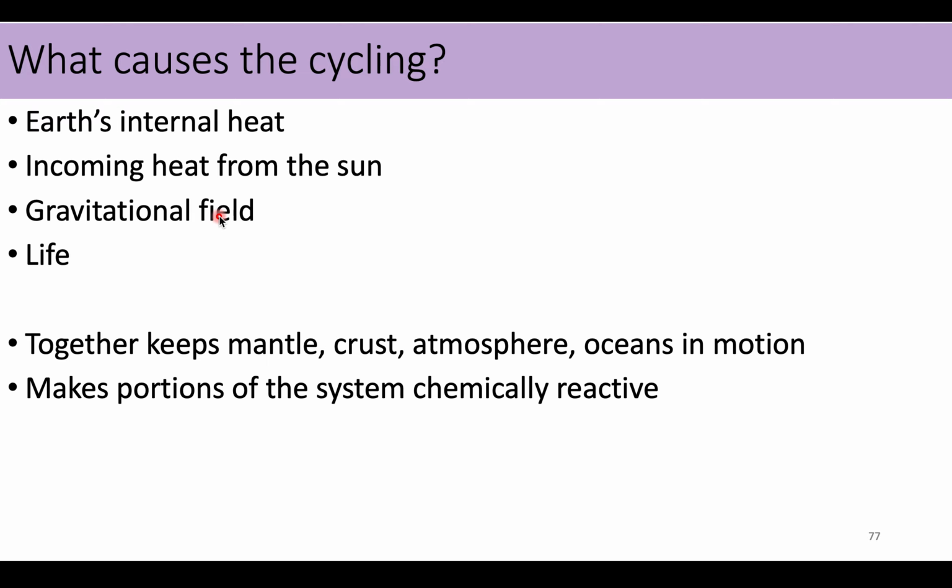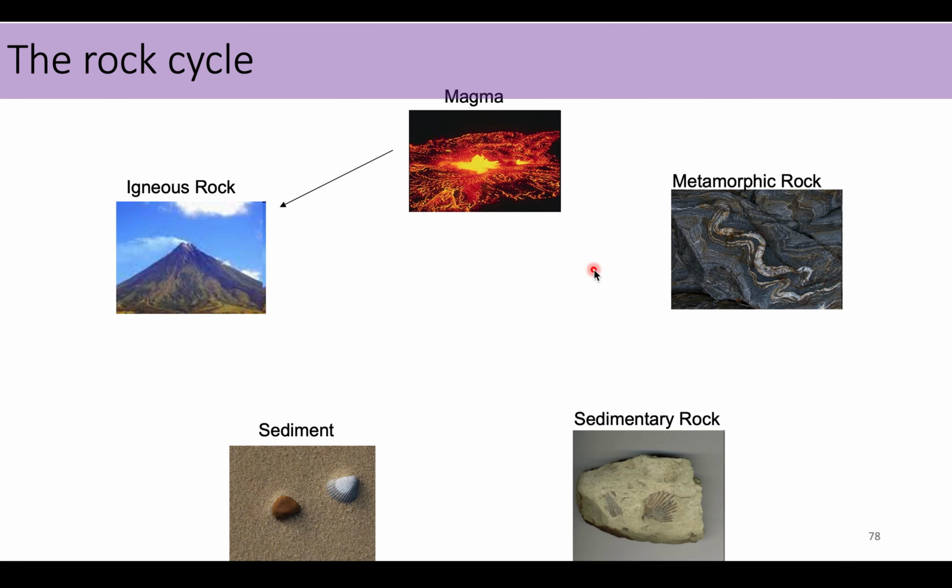So portions of our Earth will be chemically reactive in terms of reacting with water. That often helps fuel a lot of our cycling in terms of breaking rocks apart, allowing rocks to flow down a river into smaller pieces, creating sediment, creating sedimentary rock. There's quite a bit that goes on in our rock cycle.